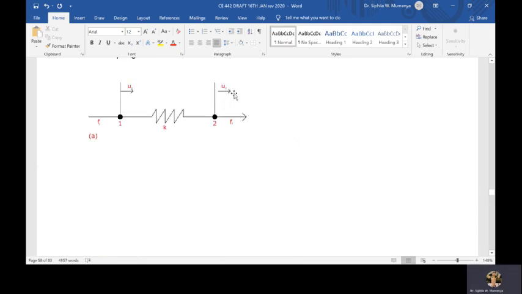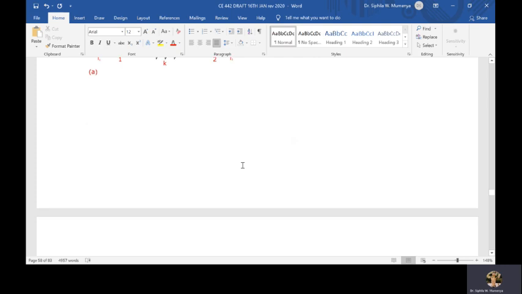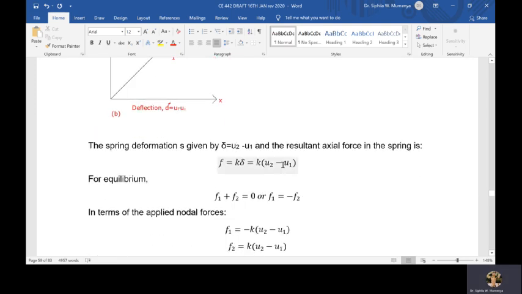And therefore I can also write the resultant axial force in the spring, F, will be equal to K, the stiffness, times delta. And we have already seen delta is equal to U2 minus U1. So F is equal to K(U2 minus U1).